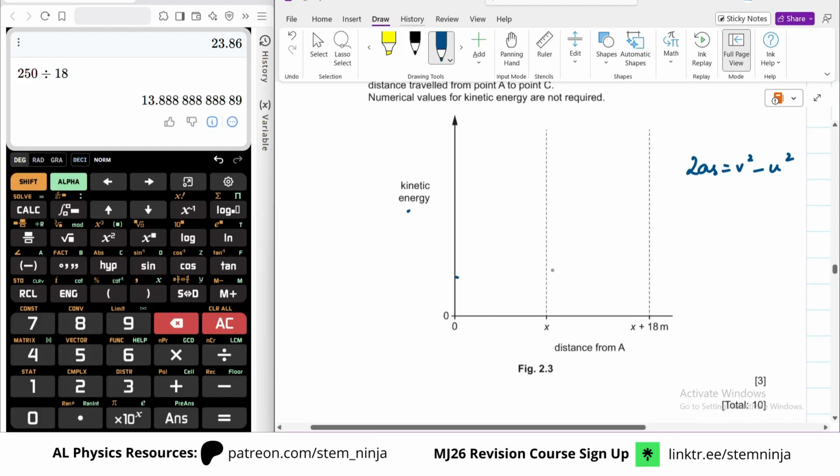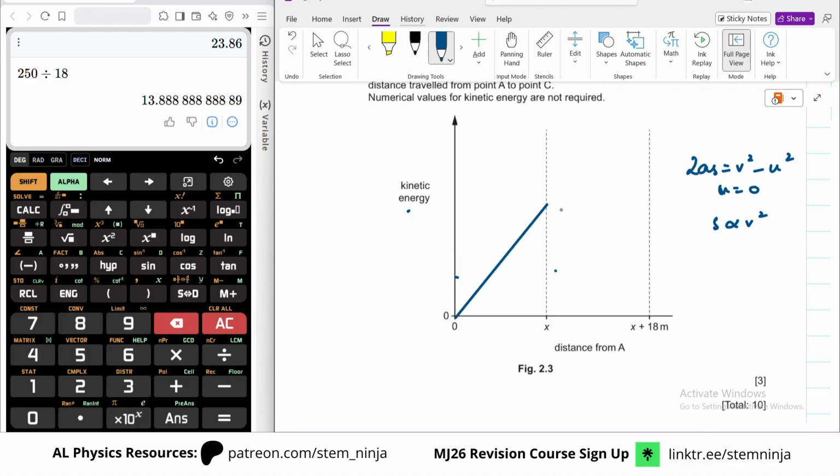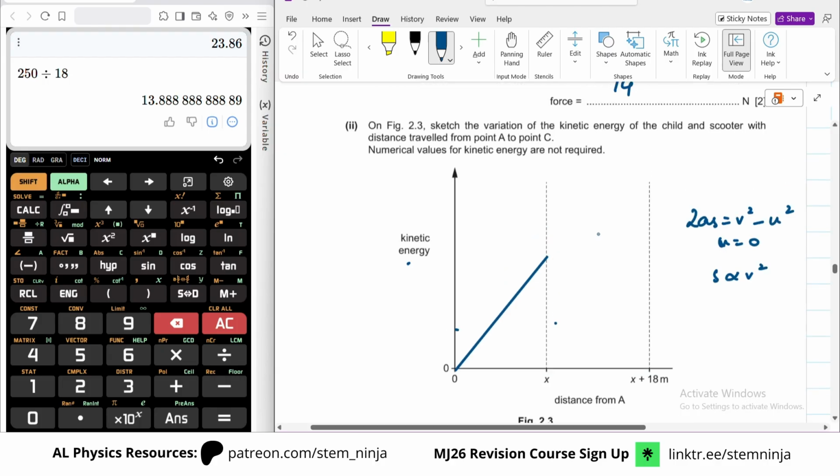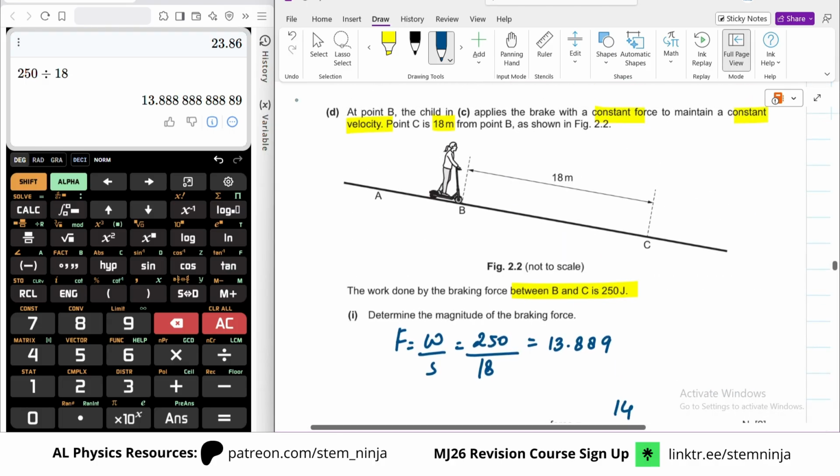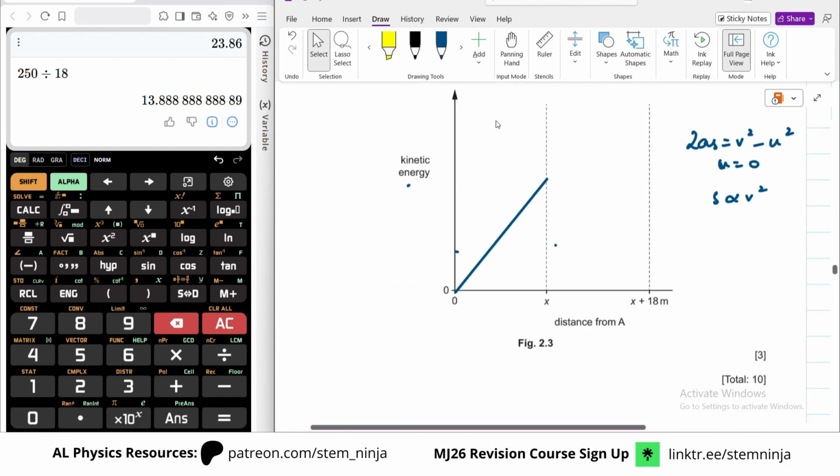So in the first part, u is 0, so your s is basically proportional to v squared. So proportional means a straight line passing through the origin. But from B to C, the kinetic energy is constant because it's maintaining a constant velocity. So your kinetic energy would be constant. And that's about it.